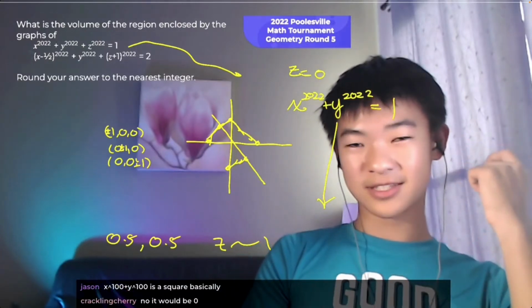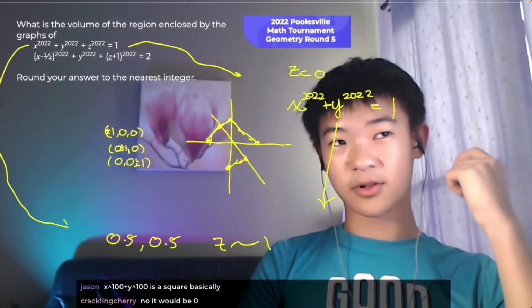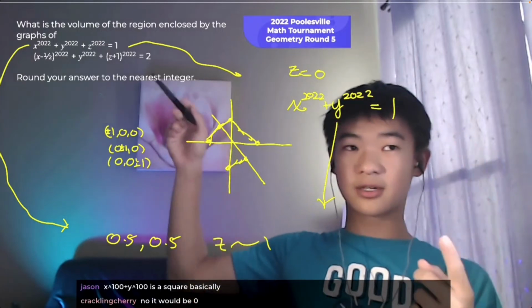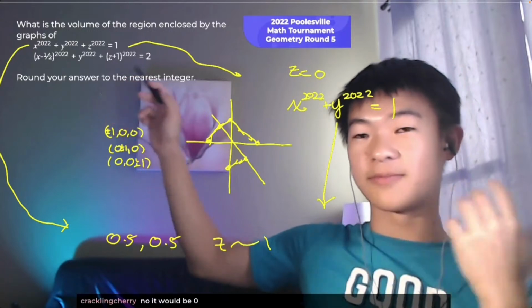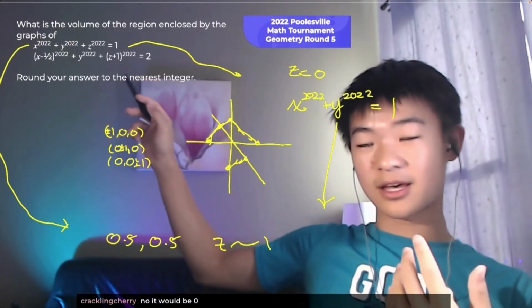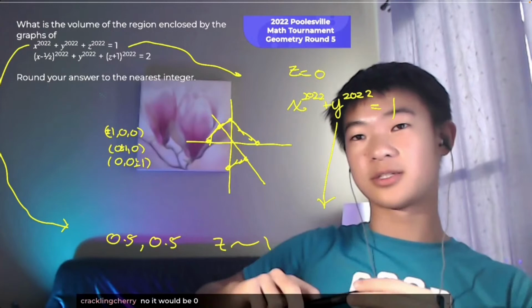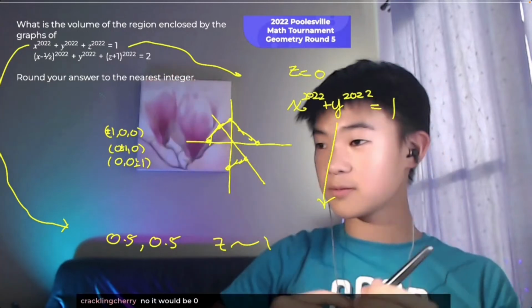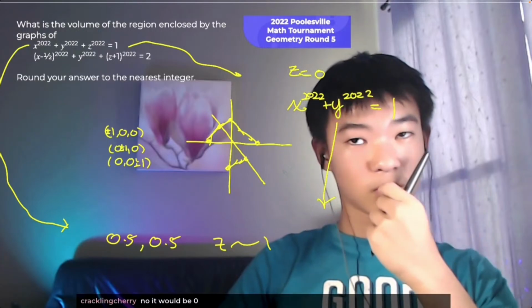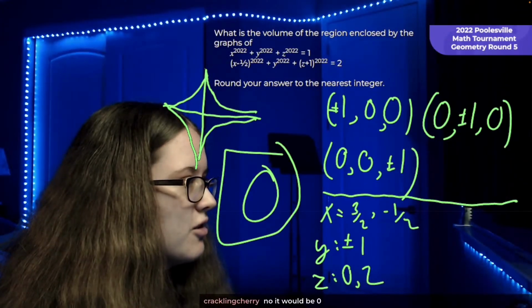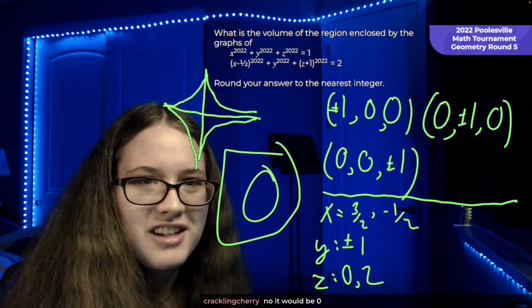Oh, I was thinking for this first equation, if we plugged it in like this, x to the 2022 would basically be 0, y to the 2022 would basically be 0, and then that forces z to be somewhat close to 1 to get the equation. Yeah, okay. So I think the final answer is just 0 then?